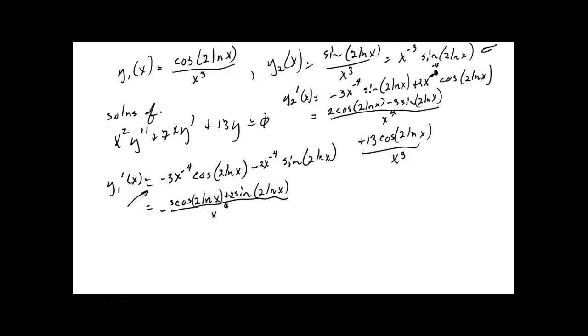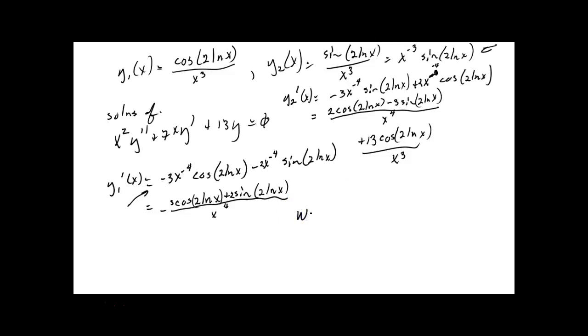So we got our functions and our first derivatives. What we need to do is the Wronskian. And now I'll show you how to do a 2-by-2 determinant.